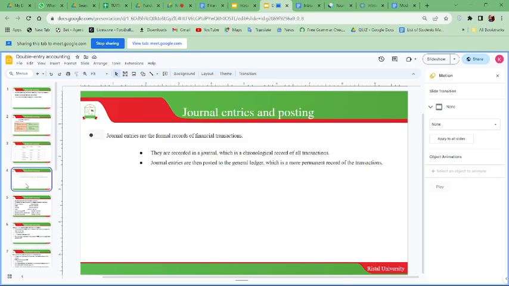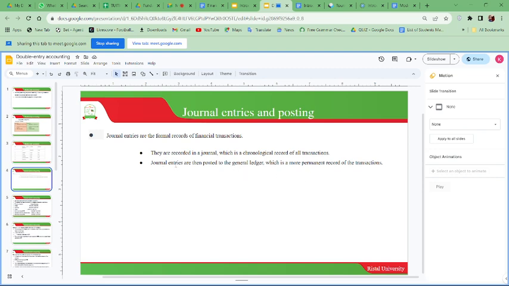So let's look at journal entries and posting. Journal entries are the formal records of financial transactions. How do you record them? They are recorded in a journal, which is a chronological record of all transactions. Journal entries are then posted to the general ledger, which is a more permanent record of transactions.